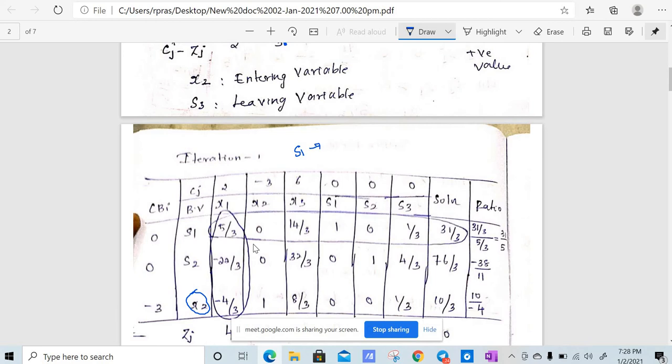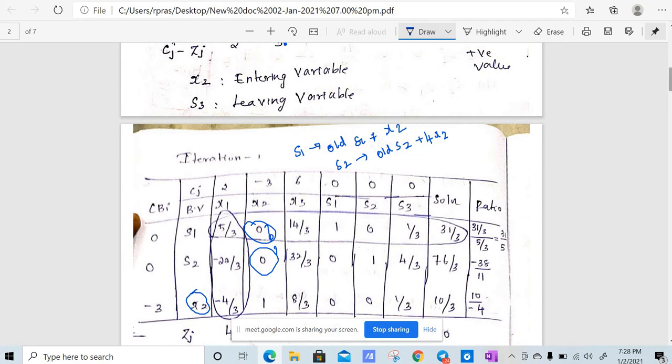We have formed new S1 as old S1 plus X2, and for S2 it is old S2 plus 4 times X2. If you use these two operations, we will have this equal to 0 and this equal to 0, right? Yes. You just apply the same operation for both rows, and you will have this element.